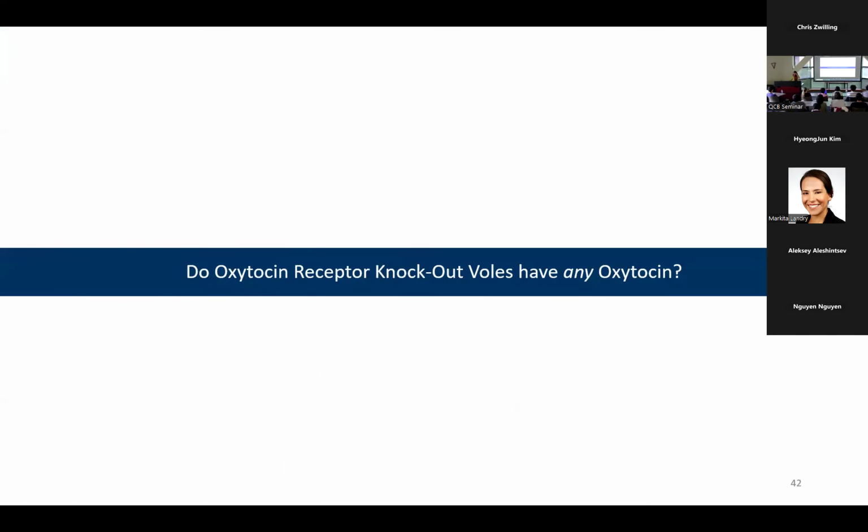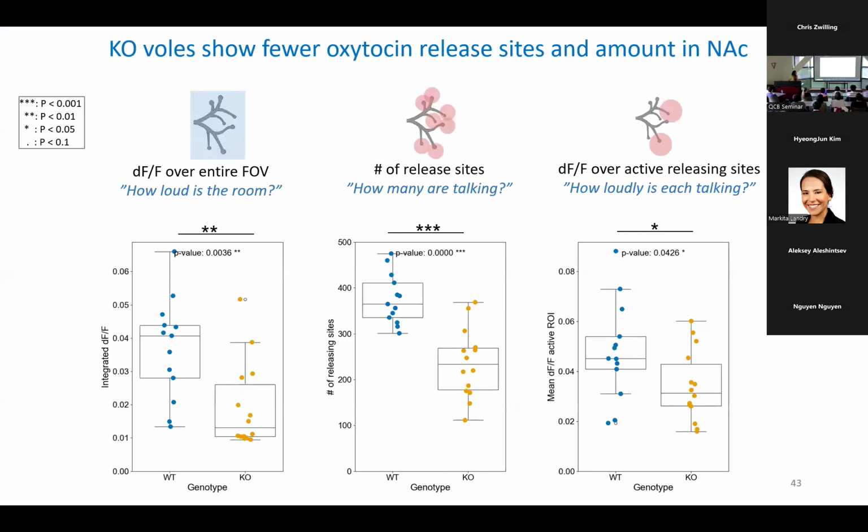So question 1, do oxytocin null mutant voles have any oxytocin at all? The answer is yes, they do. Here I'm showing the analyzed data from these videos, comparing wild type animals to the receptor null mutants. The receptor null mutants do have oxytocin, in terms of the integrated amount of oxytocin per field of view, the number of individual oxytocinergic release sites that we're able to measure, and how much oxytocin is released on average per release site.